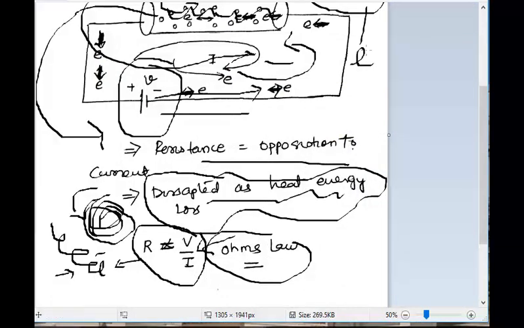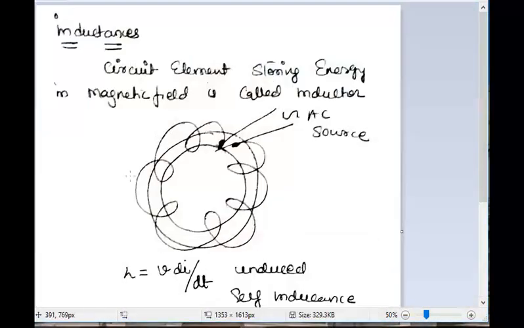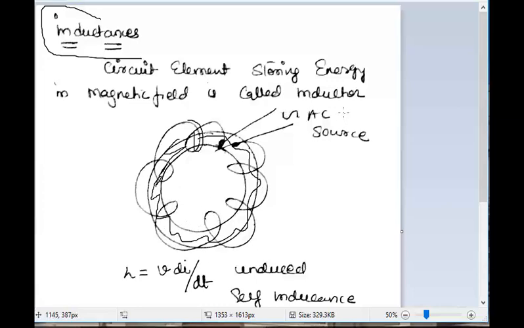Coming to the next important element of the electrical circuit, the inductance. Suppose a simple core of aluminium or any other metal is wound by a wire, this is a core of aluminium and this is wound by a wire of copper, and it is supplied by AC current. There will be alternating current flowing through this circuit.